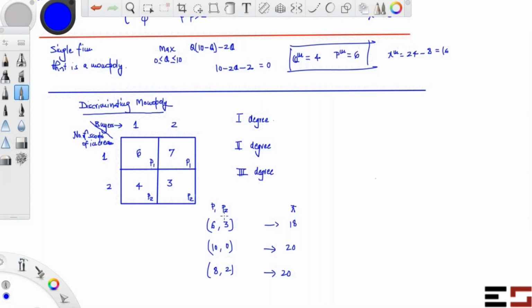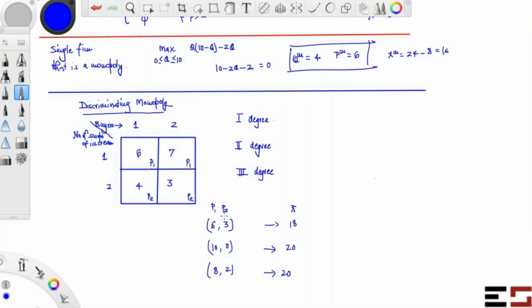Some people have this confusion: third degree, business class passengers they are charging differently, economy class passengers they are charging differently. But they're not forcing that you are economy class or business class. You can choose to buy an economy class ticket, and you can also choose to buy a business class ticket. Since they are not forcing it on you, that is why it is not a third degree discrimination.